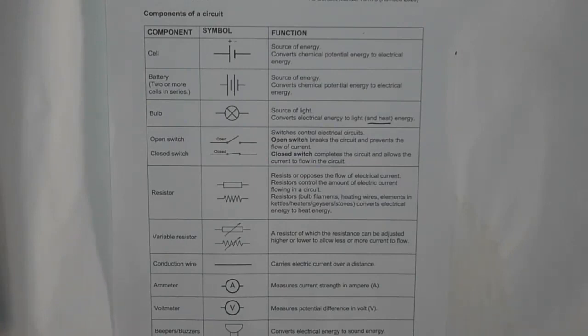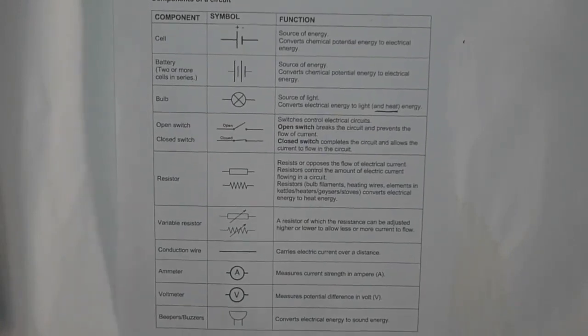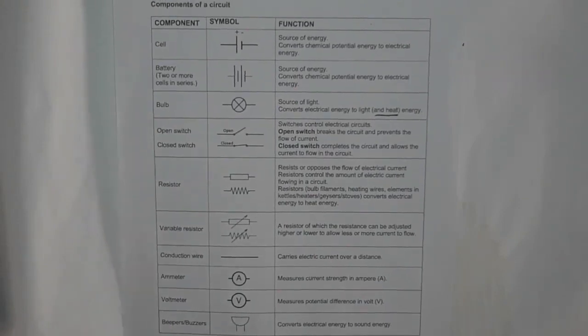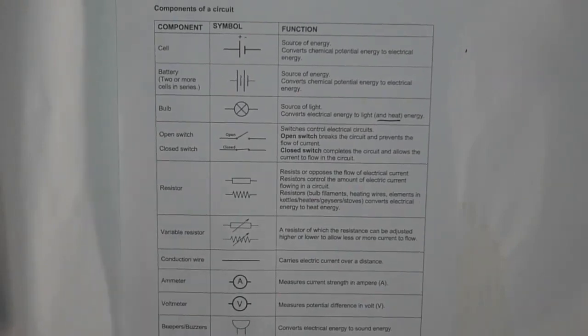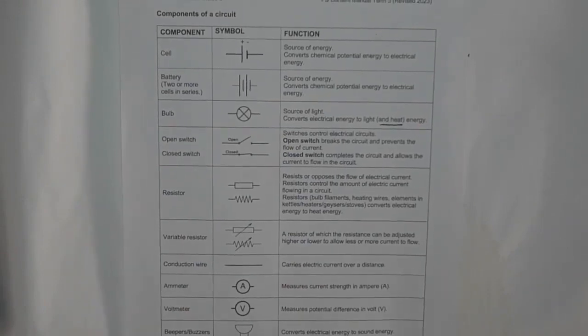Now learners, before you look at electrical circuits, series and parallel circuits and so forth, it's very important for you to know the different symbols that are used in an electrical circuit when we draw electrical circuits.